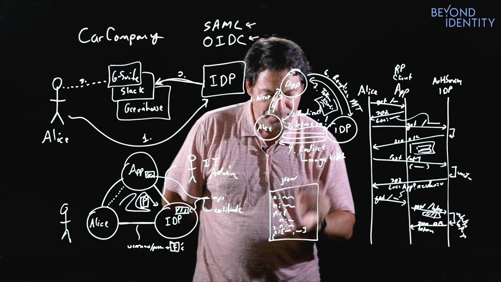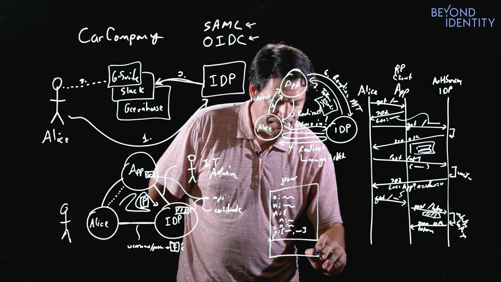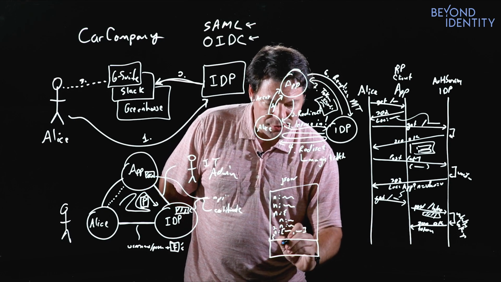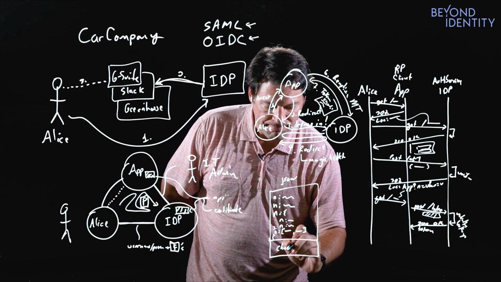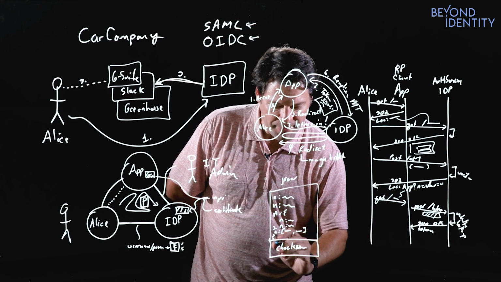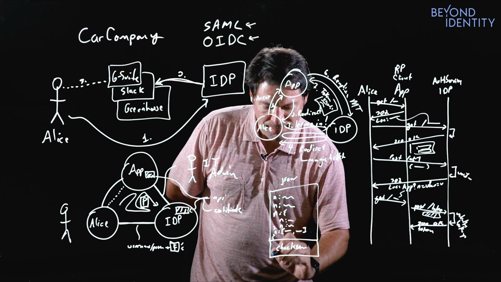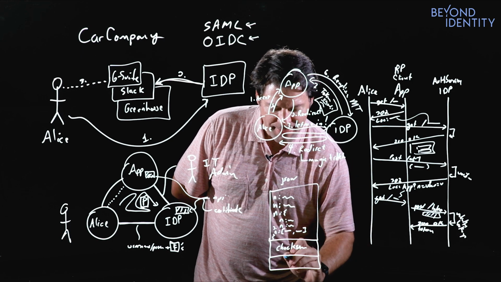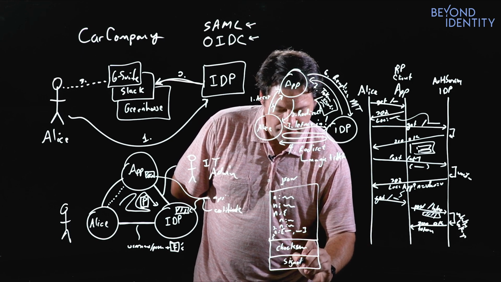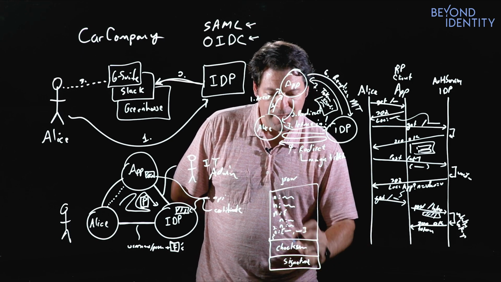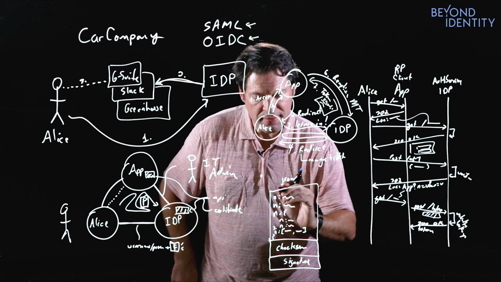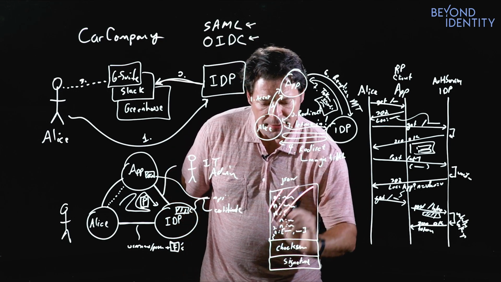It's just a structure. But importantly, the checksum is taken of this entire structure, and then it's signed with a private key, which has the effect of sealing the payload.